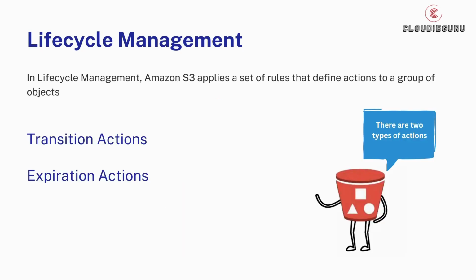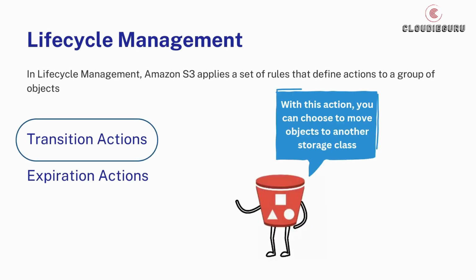There can be two types of action in lifecycle management that will help us manage and store objects efficiently and cost effectively. Those are transition actions and expiration actions. Let's discuss them one by one. First is transition actions.